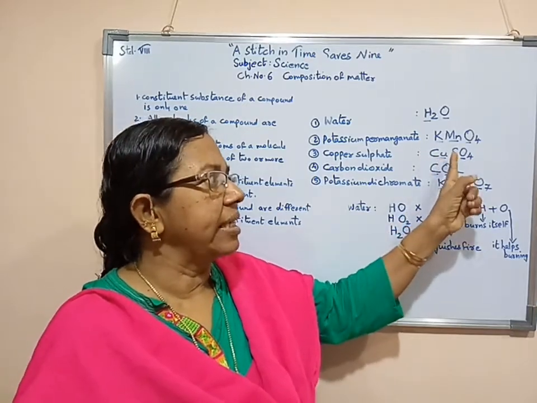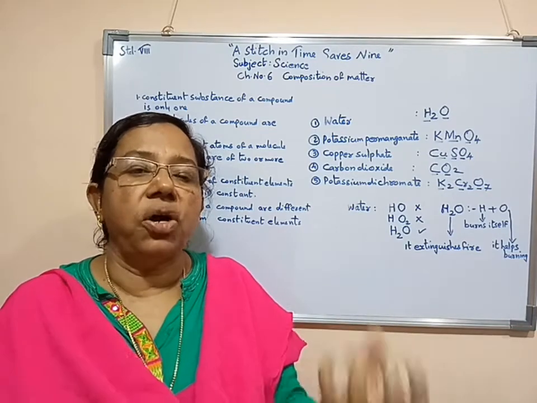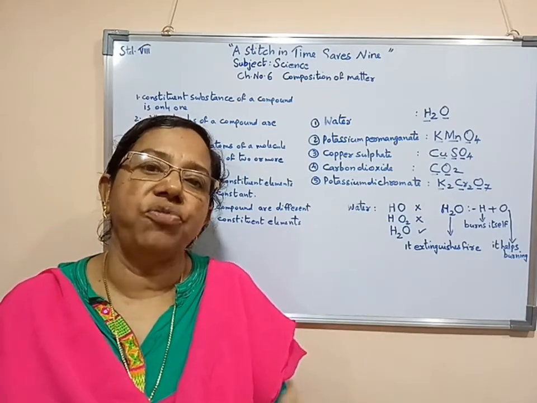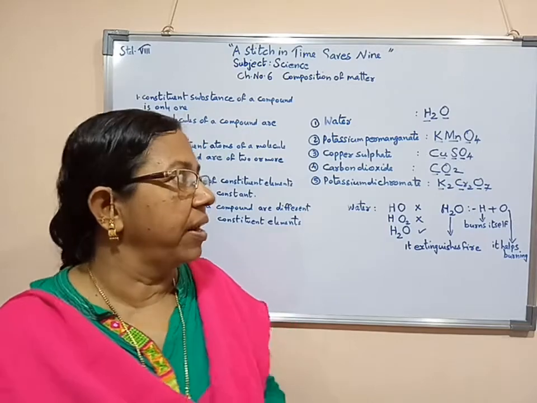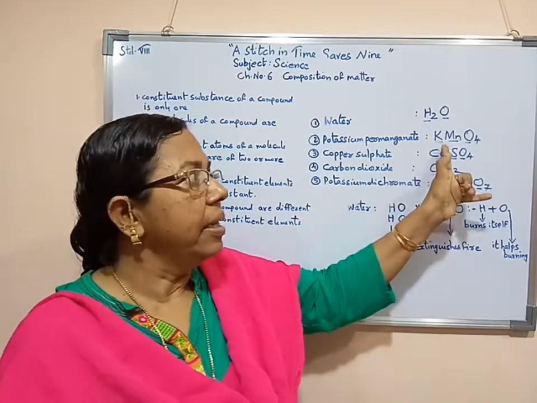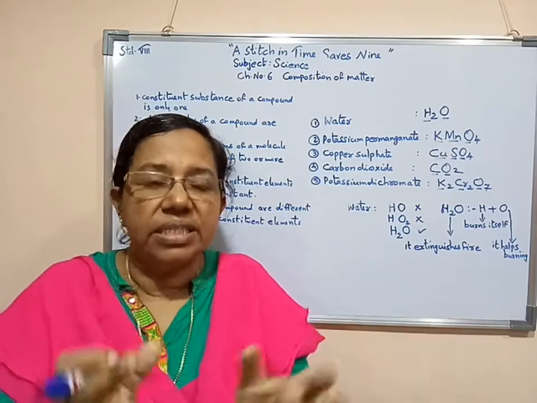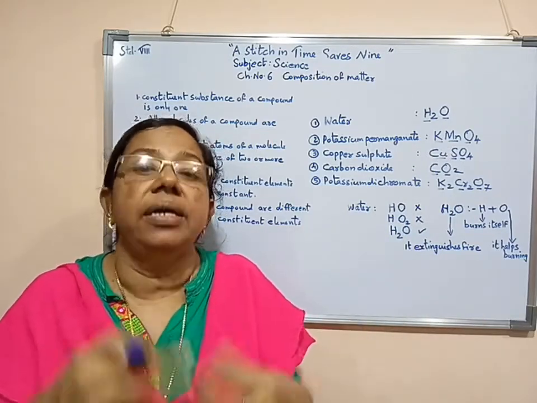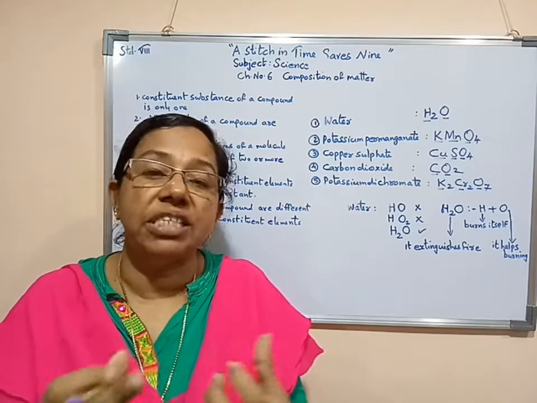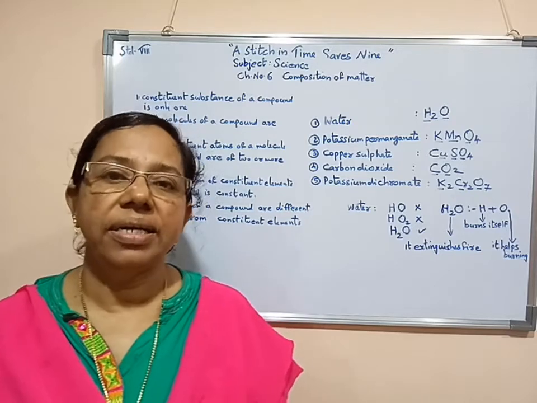Copper, sulfur and oxygen each have different characters; these three join together and another compound forms with a different character. Potassium, manganese and oxygen each have different characters; all three chemically join together and a molecule of potassium permanganate forms, which has a different character.